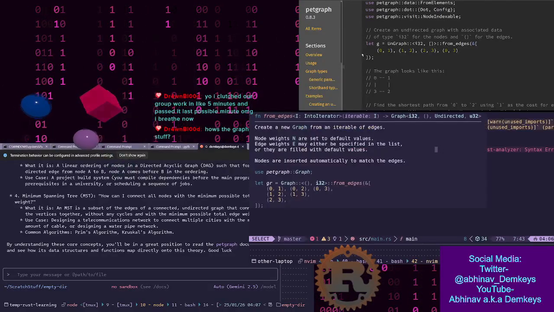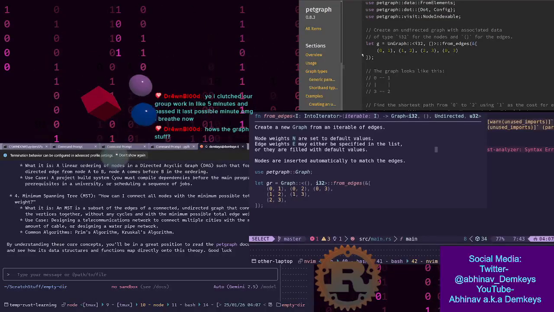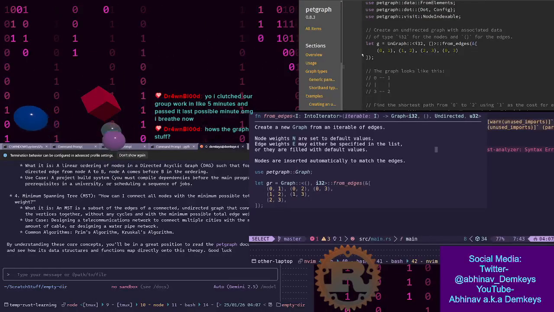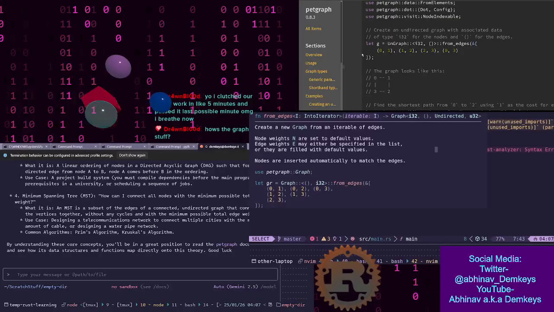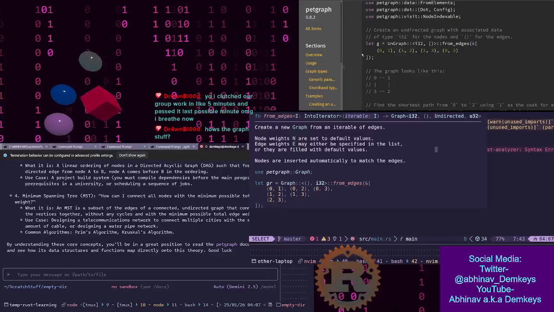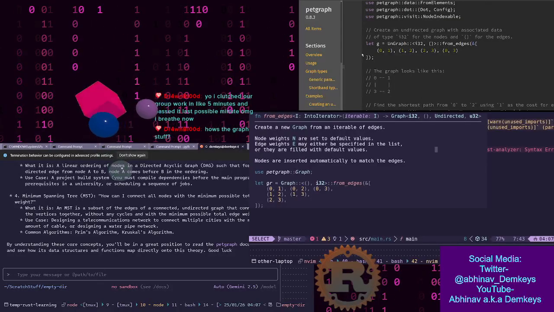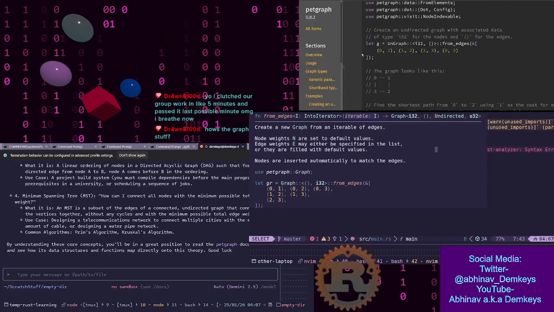Oh, there it is. Now we have proper. Okay. From edges, it has to take an iterator. The type that you pass in has to be an iterator. So does array count as an iterator? Or does it have to be a vector?